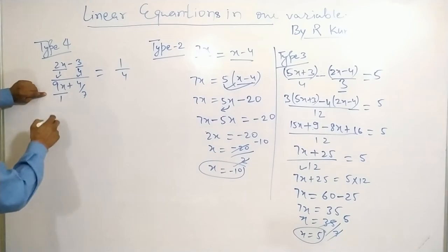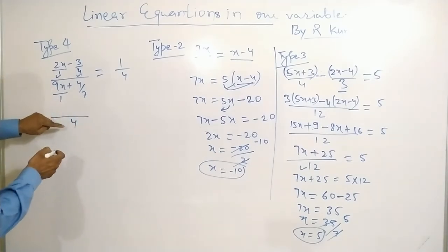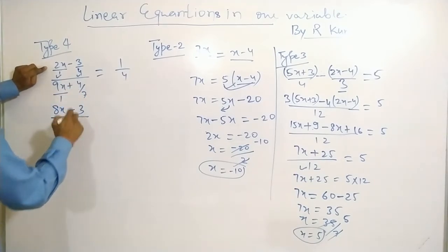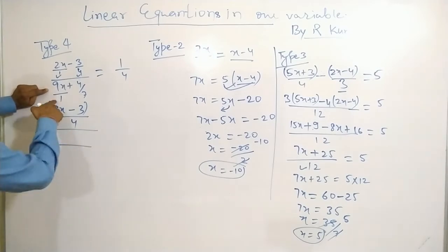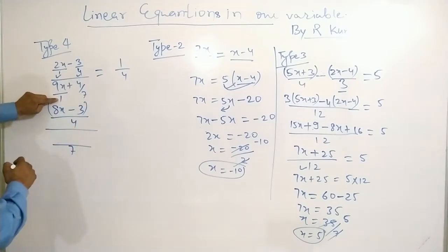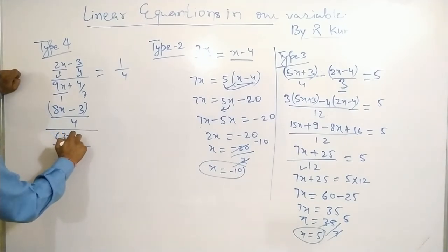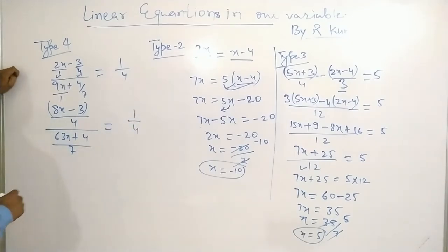When you take the LCM of 1 and 4, it will be only 4, and 1 4 means 4, 4 2s are 8x minus, it will be now 3 only. Keep it inside the bracket. Now the LCM of 1 and 7 will be 7. 1 7s are 7 and 7 9s are 63x plus 4 equals 1 by 4. This also you keep inside the bracket.